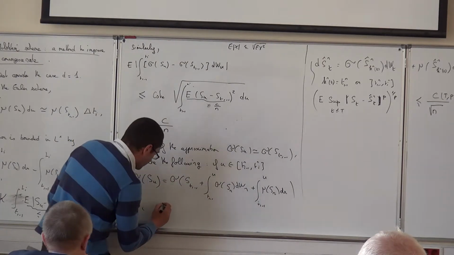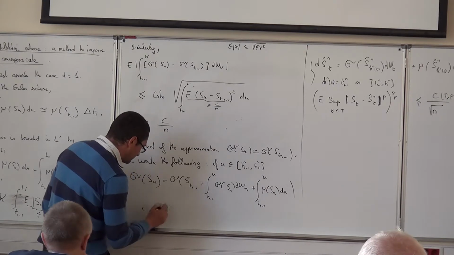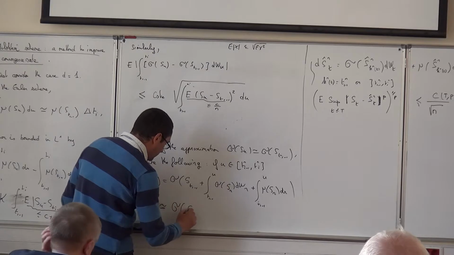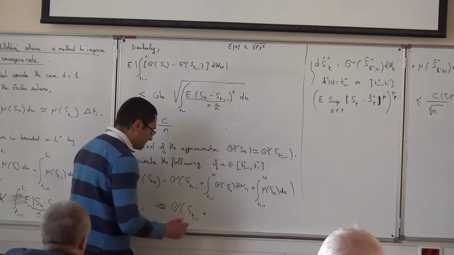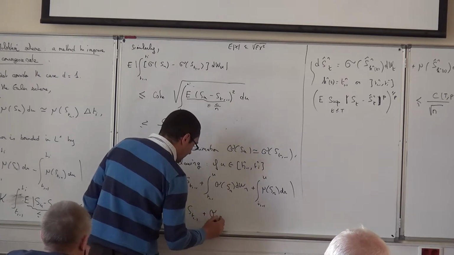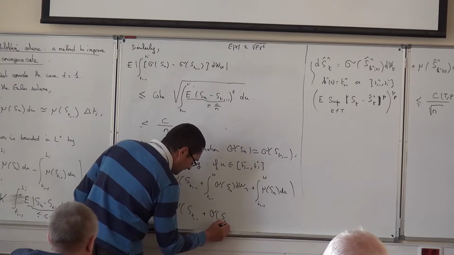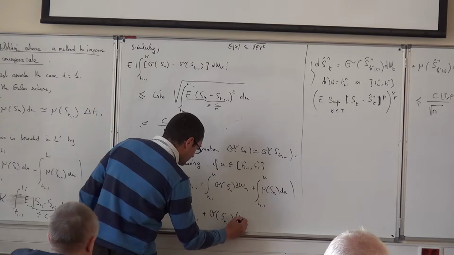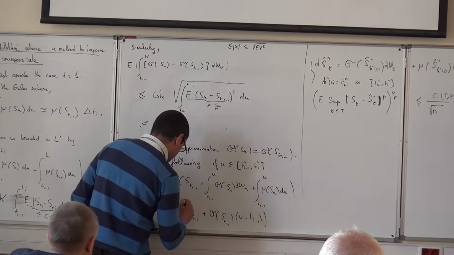Okay? So what we do is the following. We say that it is approximately equal to sigma(S_{T_{i-1}}) plus sigma'(S at time T_{i-1}) times (S_u - S_{T_{i-1}}). Okay, this is the idea.